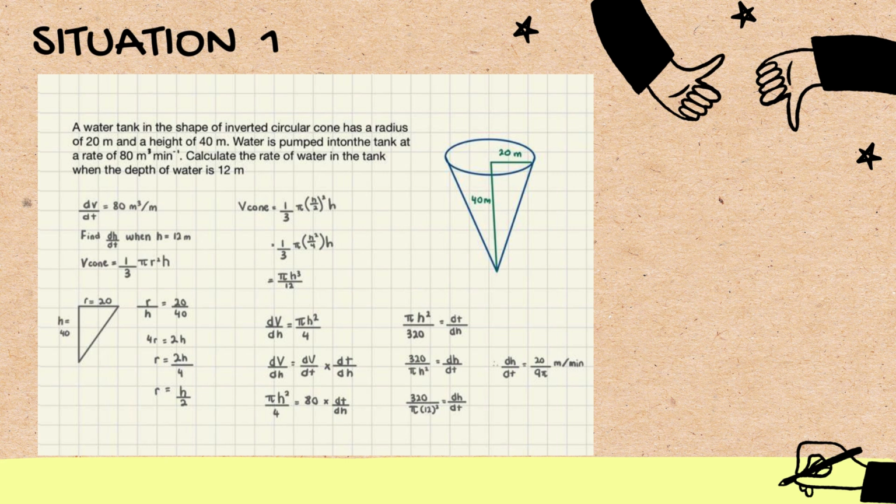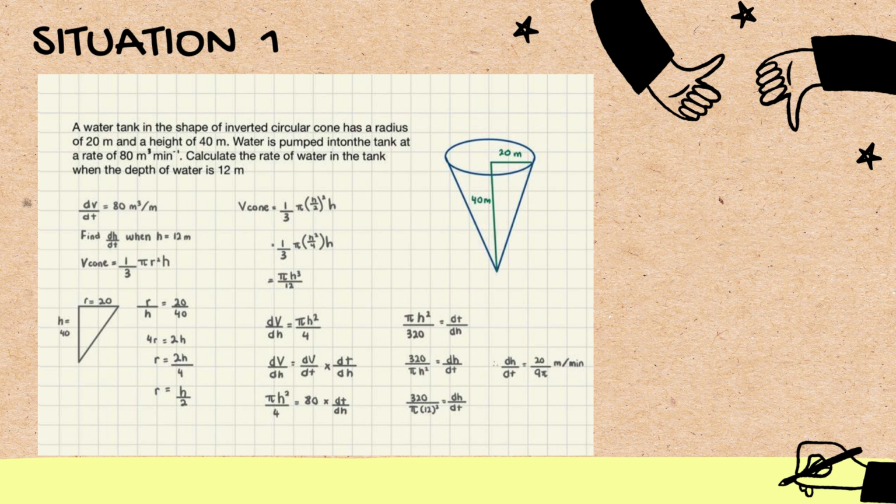Now, the question requires us to calculate the rate of water when the depth of water is 12 meter. So the first thing that we need to do is apply the formula of volume of cone, which is 1 over 3 pi r squared h. If you are confused whether you need to differentiate with respect to r or h, you can refer back to the question.